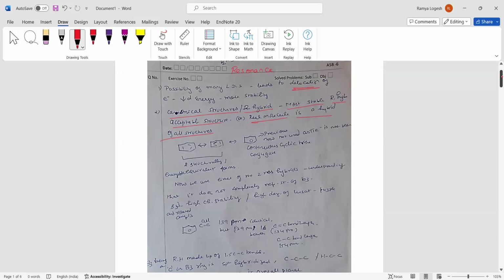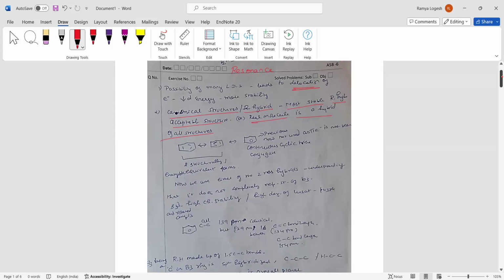And at one single place, I am able to see they look more or less similar. Then I call them a resonance hybrid. That is how I start showing the real molecule as well.